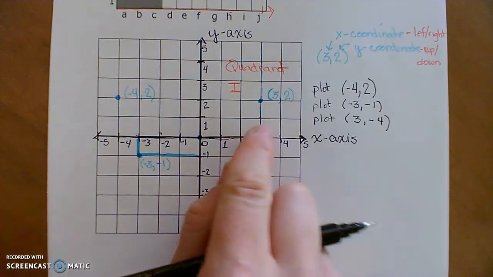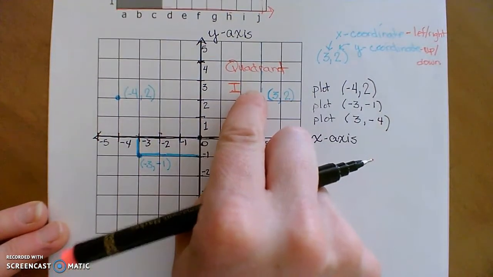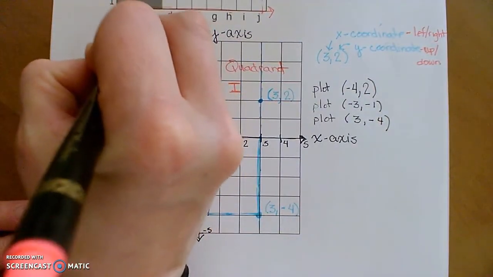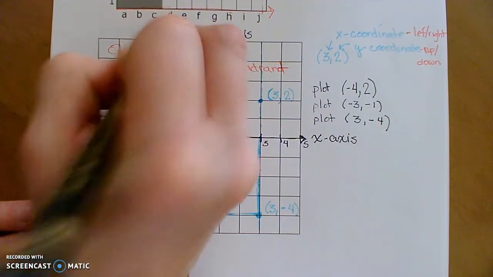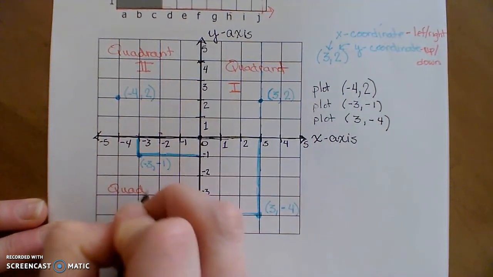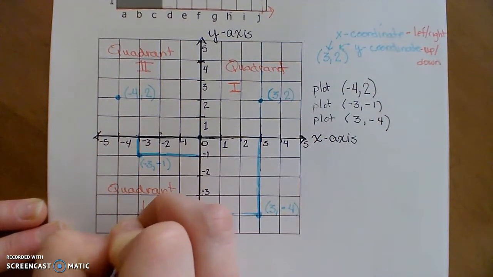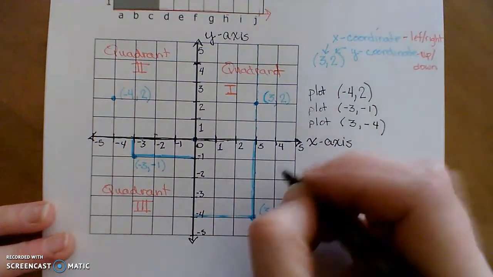So this is quadrant 1, and we're going to go in counterclockwise direction. So here's quadrant 1, here's quadrant 2. And I've got quadrant 3. And last, I've got quadrant 4.